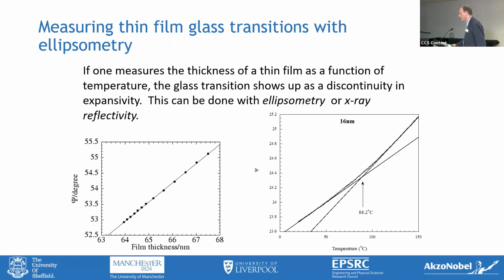based on this idea. The glass transition, as I say, is a discontinuity. It's not a thermodynamic transition, but it shows up in thermodynamic quantities, and it shows up in second derivative quantities of free energy.